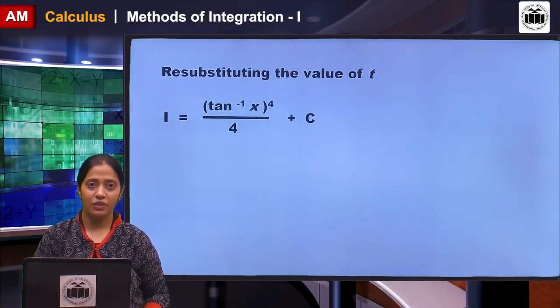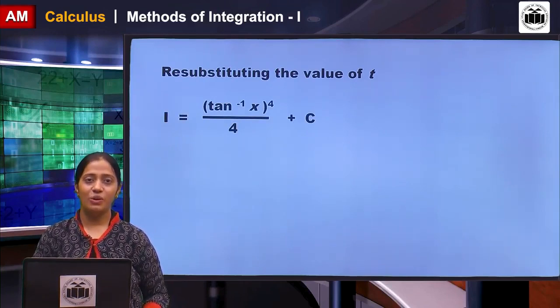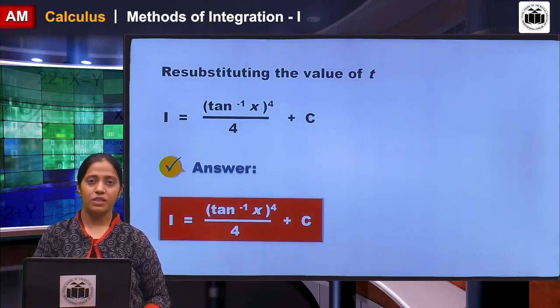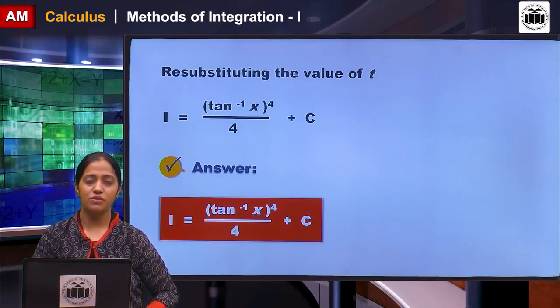So what is I now? (Tan inverse x) the whole raised to 4 upon 4 plus c. I think you will find this simple now. If an inverse term is given, use the inverse function for the substitution. Definitely you will get an answer very soon. So this is our final answer: I is equal to (tan inverse x) the whole raised to 4 upon 4 plus c.